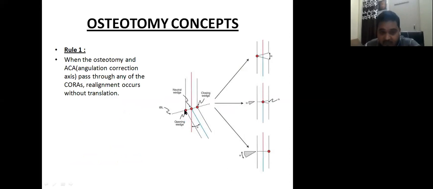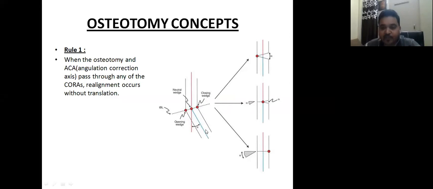We have got the CORA here and the ACA, the angulation correction axis, here. When we plan our osteotomy and angulation correction axis at the same level, and we go for any opening wedge or closing wedge, then we will get the deformity corrected without any translation.